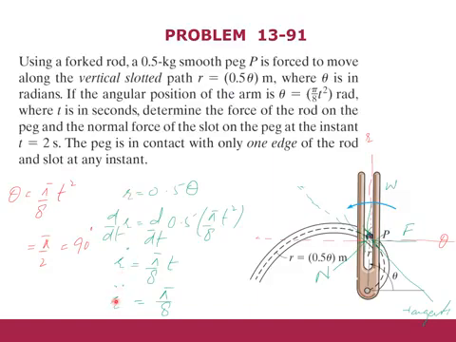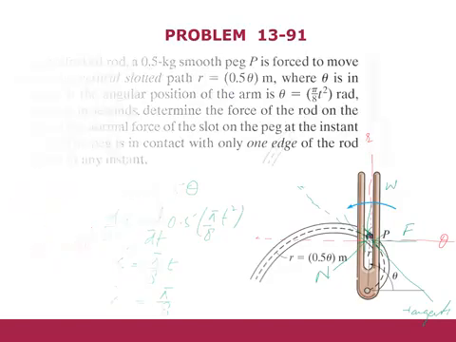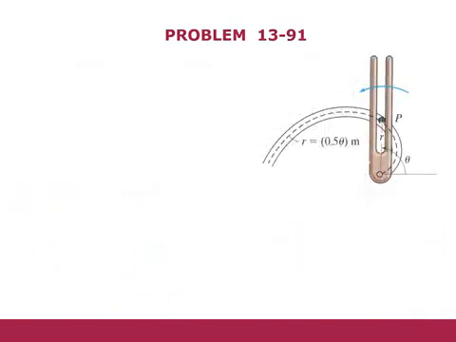Now we will move to calculate theta, theta dot, theta double dot. So we can draw a free body diagram over here. This is our peg, this is our tangent line, this is our radial direction, and this is our transverse direction.